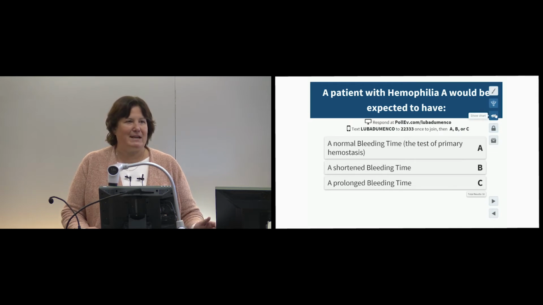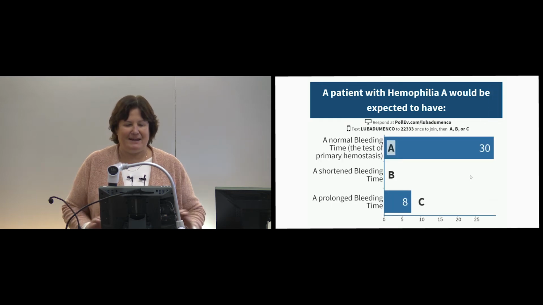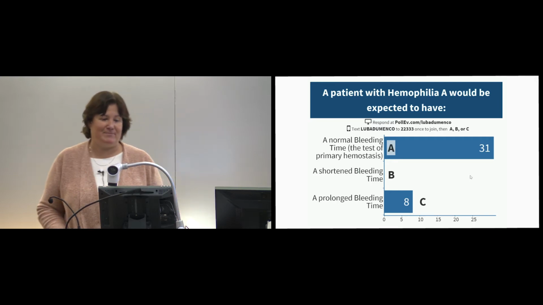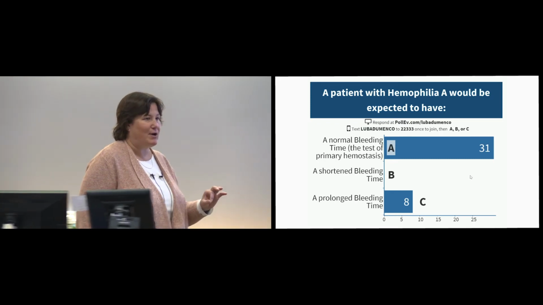Okay, is everybody ready? Let's take a look. Okay, so I did help you guys a little bit by writing bleeding time in uppercase B and T, and by writing the test of primary hemostasis. But that is the correct answer, answer A. So those of you who thought of prolonged bleeding time, I understand completely why you thought that.